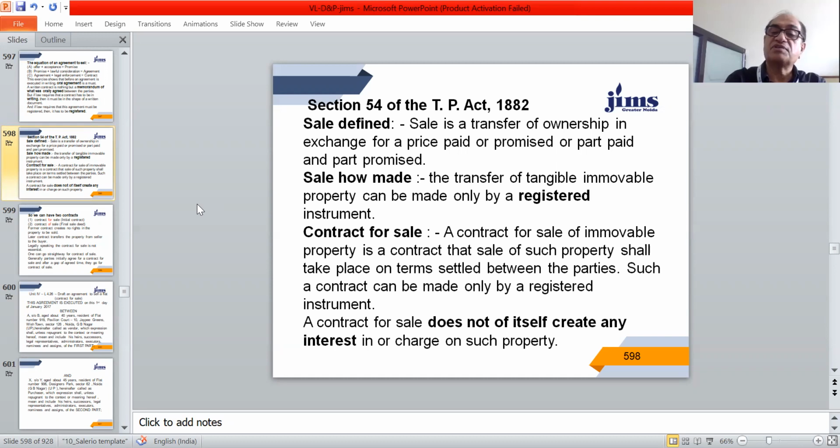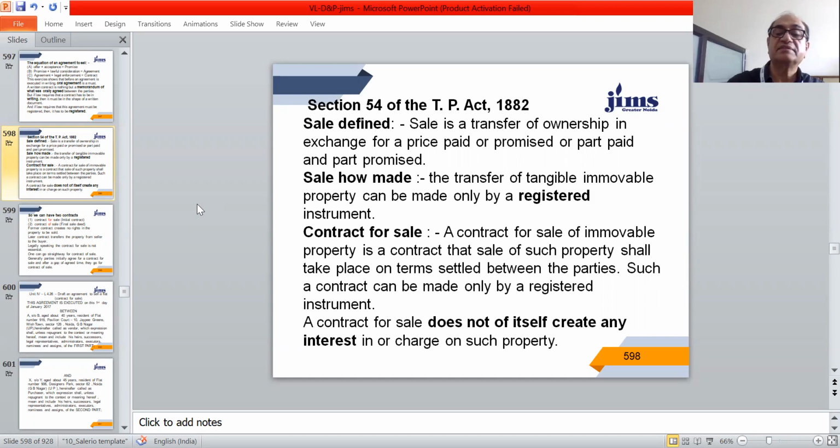And the contract for sale of immovable property is a contract that sale of such property shall take place on such terms as settled between the parties. Such a contract can be made only by a registered instrument. And dear students, you must know that a contract for sale, which we are going to draft today, does not of itself create any interest or charge on such property because it is a mere agreement.